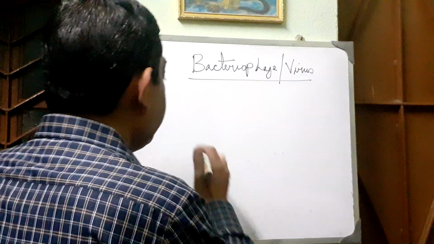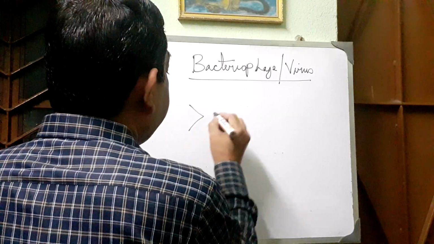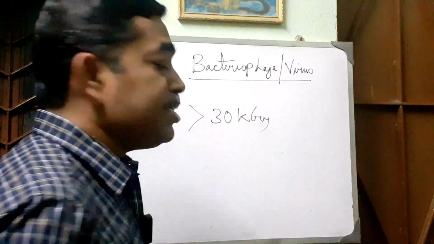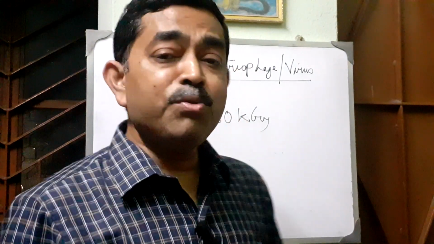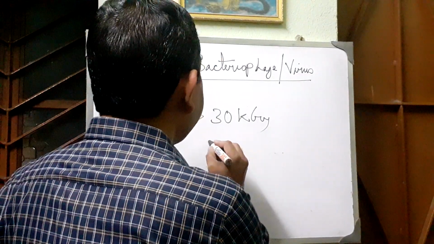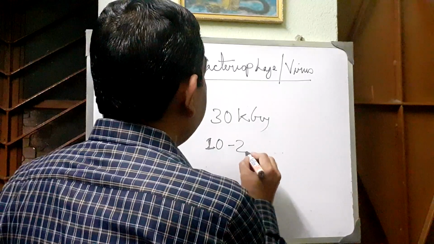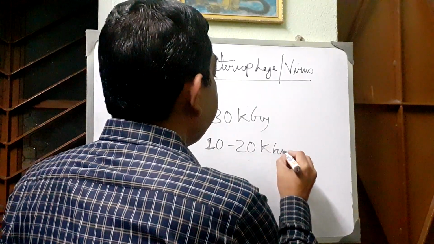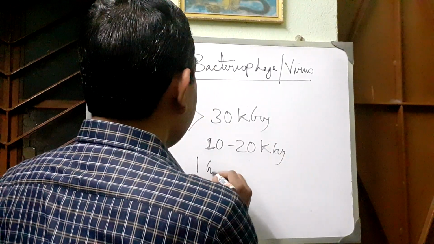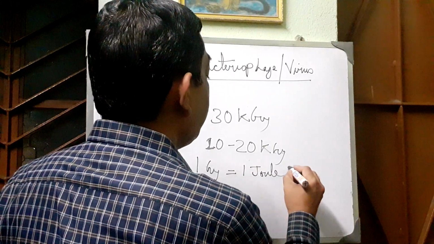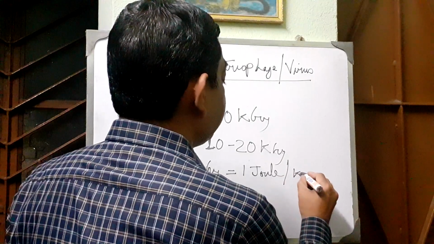This virus particle needs more than 30 kilogray of ionizing radiation dose to kill it, whereas bacteria, bacterial spores, will be killed by only 10 to 20 kilogray. One gray means 1 joule per kg, the absorption of ionizing radiation.